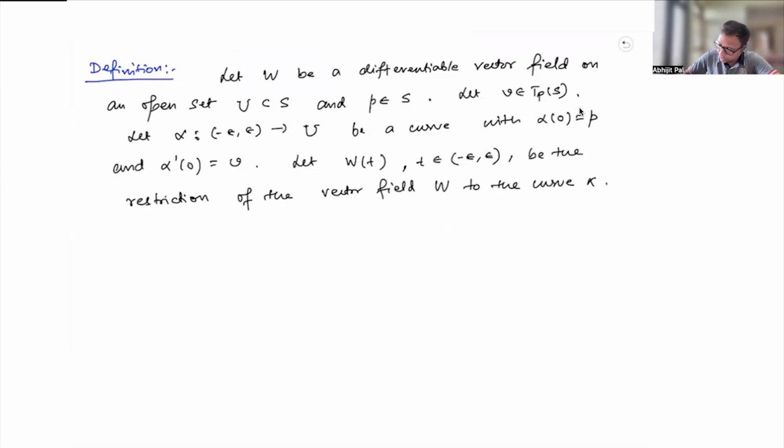So let me draw a picture. So suppose you have this surface, and at each point you have a vector field like this. Suppose this is my open set U in S, and I have this W vector field.